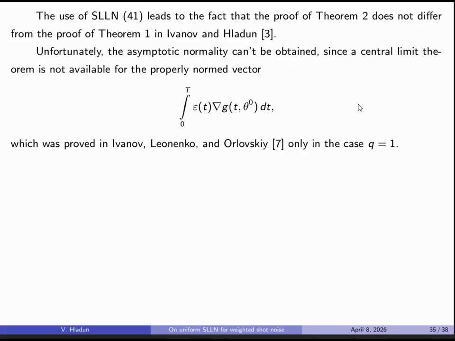And unfortunately, the asymptotic normality for this kind of process can't be obtained, since a central limit theorem is not available for such a properly normed vector that is the integral from 0 to t of the process epsilon of t weighted by the gradient of the function g. Which was proven in work Ivanov, Leonenko, and Orlovsky only in case q equals 1.